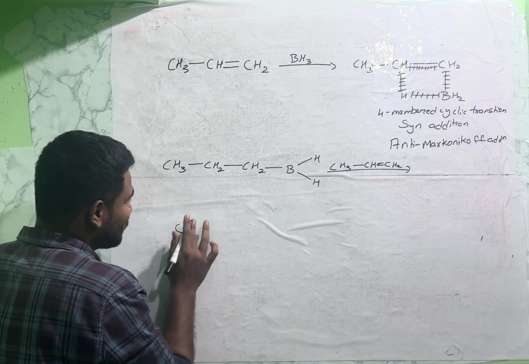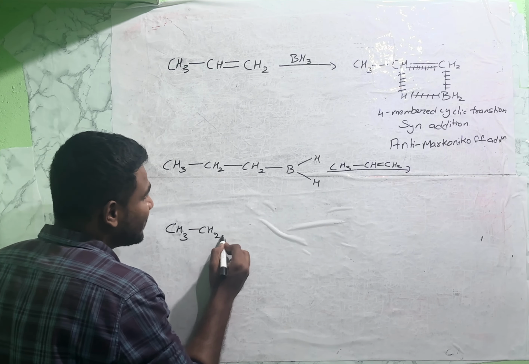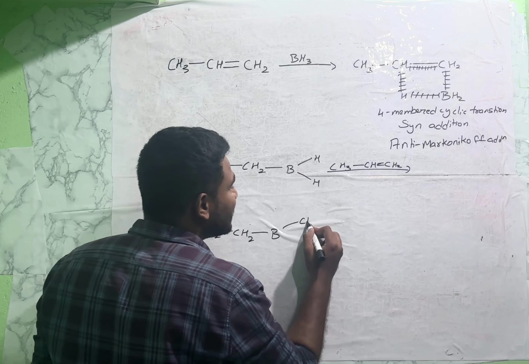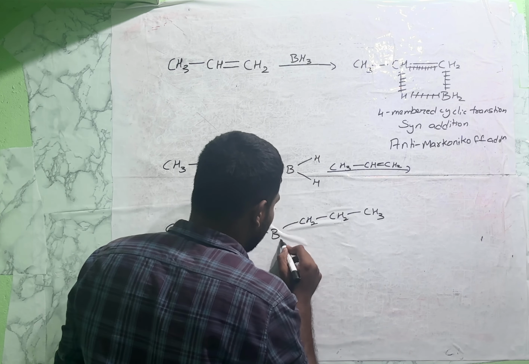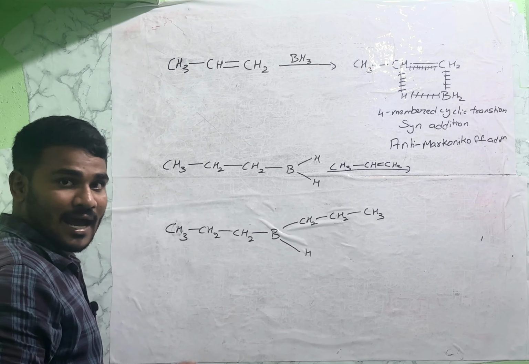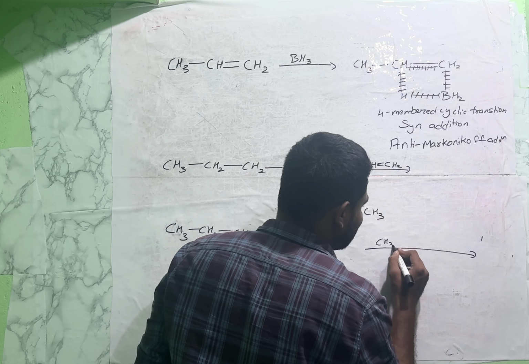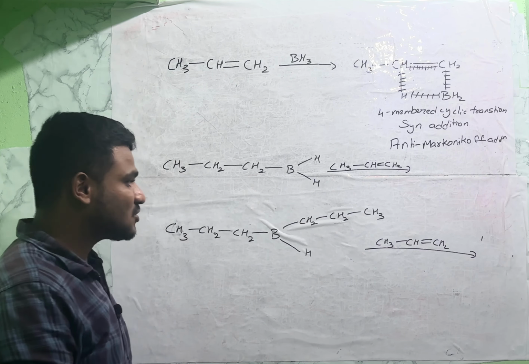In the next step, the reaction will look like this: CH3, CH2, CH2, B, CH2, CH2, CH3, and here H. Again, in the next step, another alkene is added, CH3, CH double bond CH2. Now what happens over here?